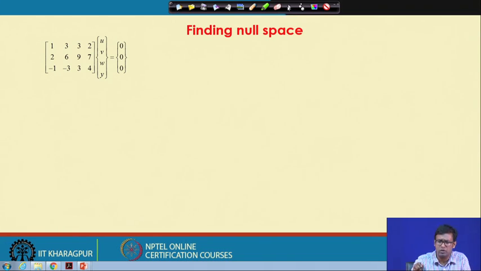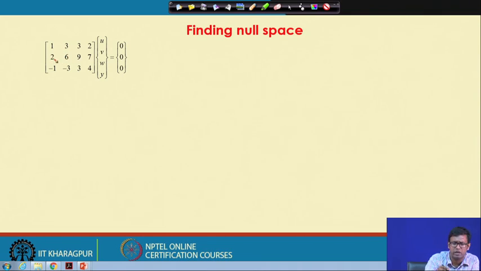I do a row operation to eliminate the first term of the second row, because my idea is to get a reduced echelon form here. So, there will be a 1 here, and if this is a 1, there will be another 1 here, and the terms to its left will be 0.